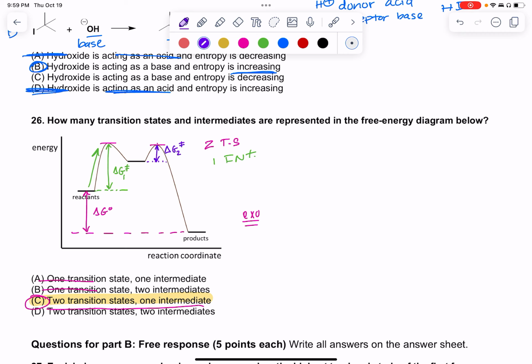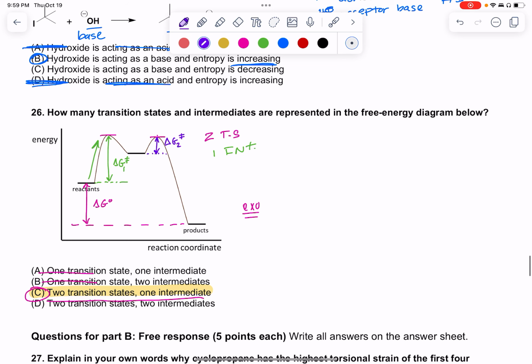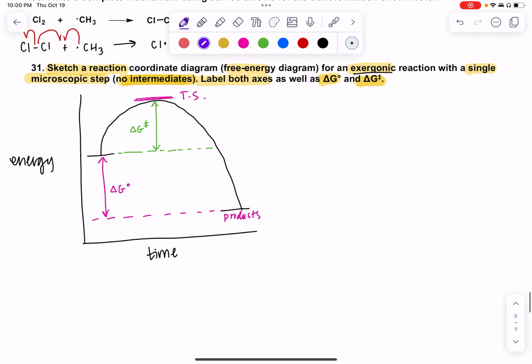So your delta G double dagger, I'll go back down here. So let's do this. Delta G naught equals total energy to get from reactants to products.